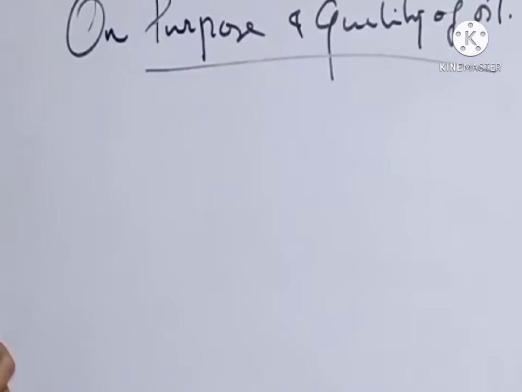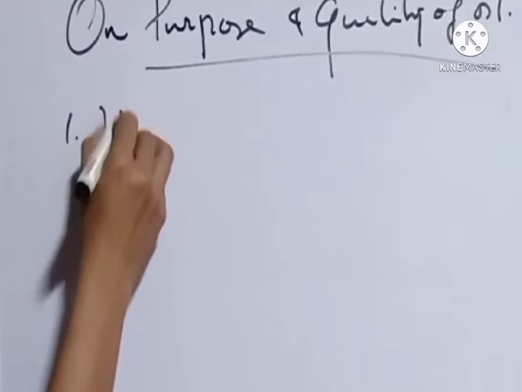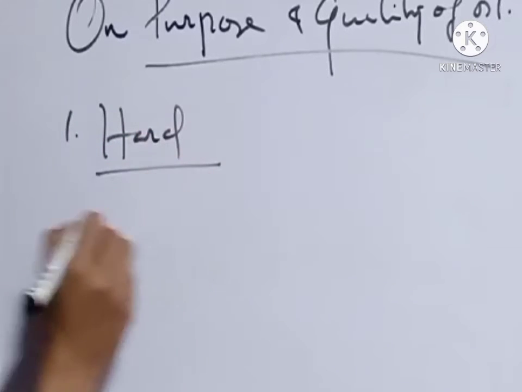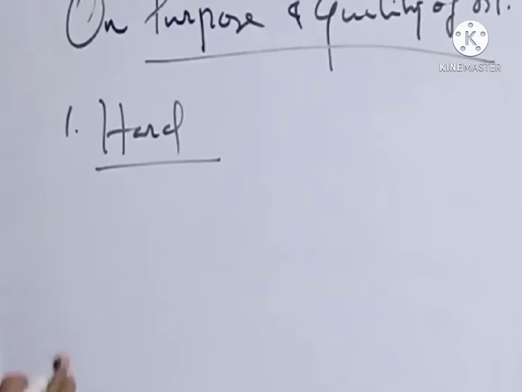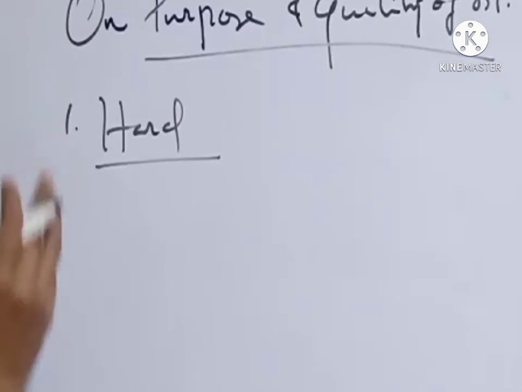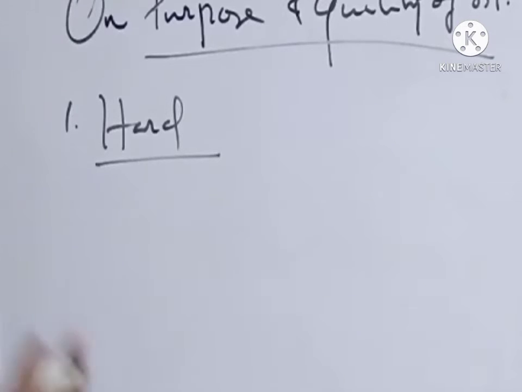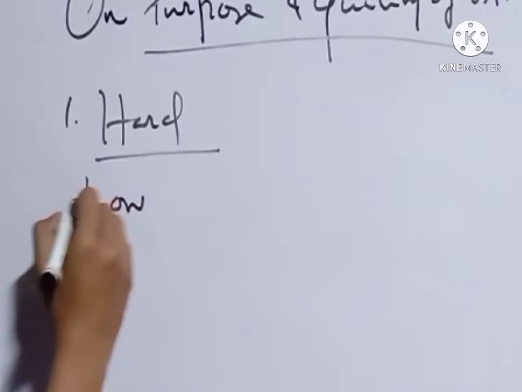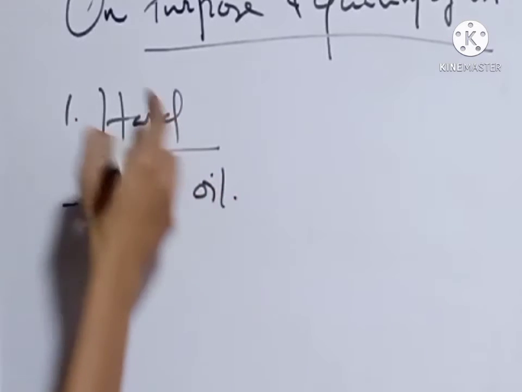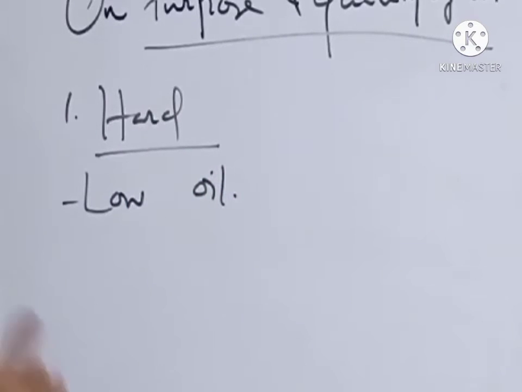The first one is hard soap. Hard soap means the soap having a hard nature. The quality of the oil used in hard soap is very low, so very low quality oil is used for the preparation of hard soap.